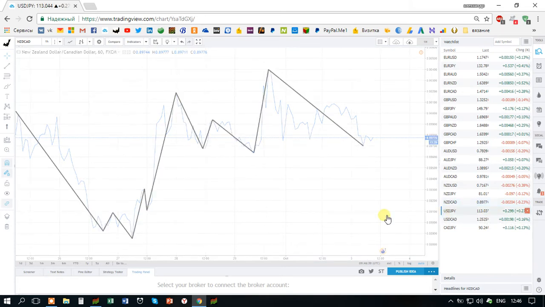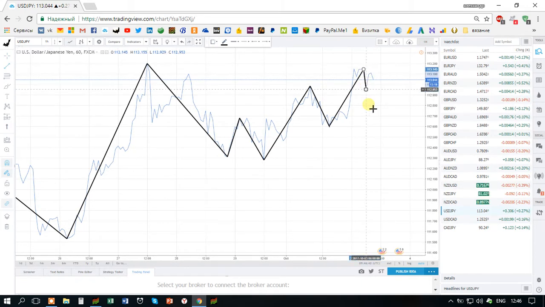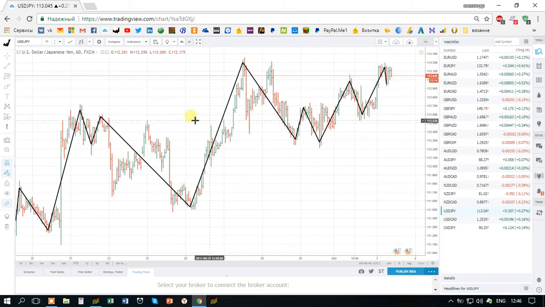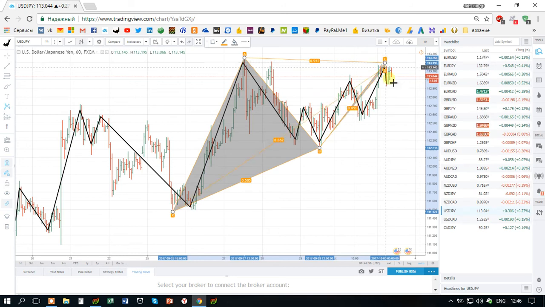Dollar yen. Dollar yen goes higher a bit more, and then it goes lower like this. Let me see if we have some patterns. No patterns, but this large one. 585.